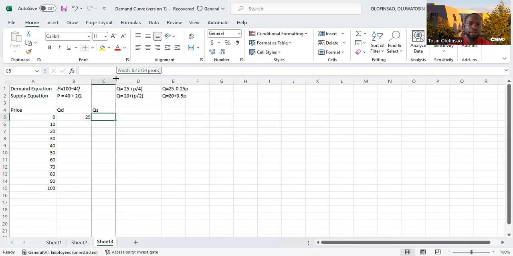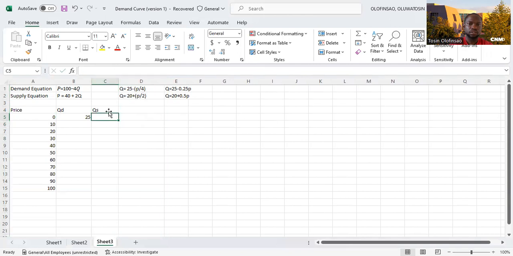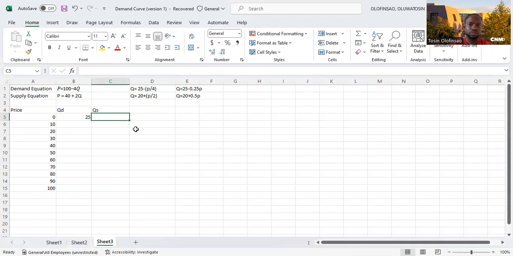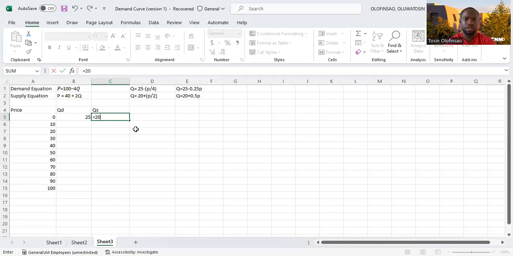And over here for the quantity supplied, you have equals negative 20 plus P divided by 2.